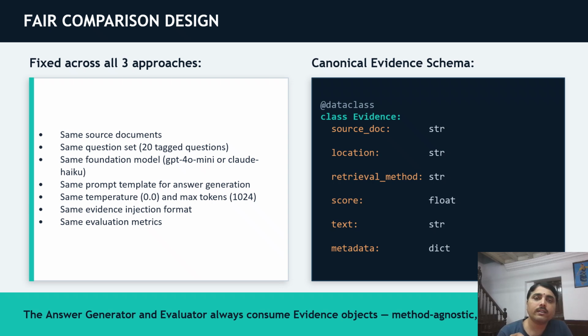Once any retriever's results are normalized into source, doc, location, retrieval method, score, text and metadata fields, the generator has no idea which retriever produced them. The evaluation layer has no idea either.